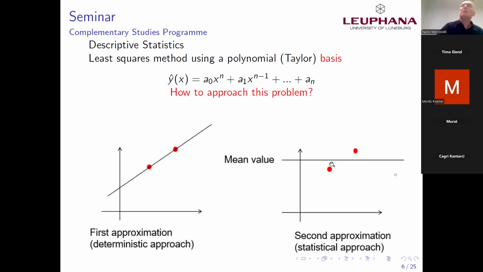Now I would like to be more precise. Here, the statistical error is 0. Why that? Because this is y hat minus y overline, where y overline is the mean value.